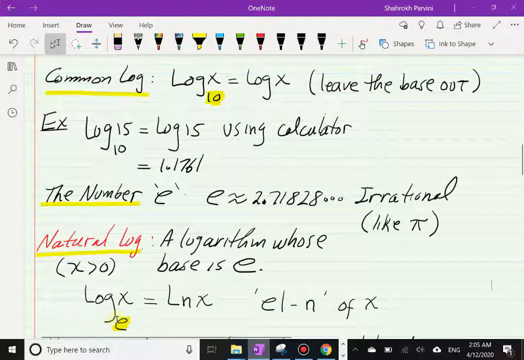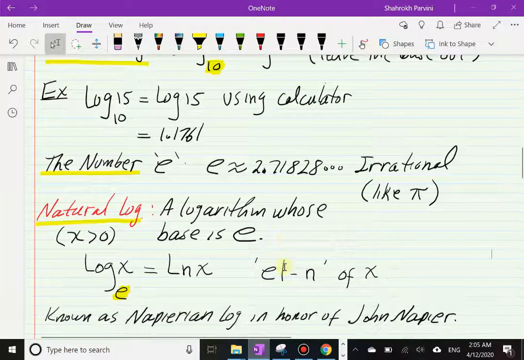So for log base e, they're going to actually use the ln notation. This is L, this is n. And in fact, we read this as ln of x. Like Ellen DeGeneres, this is ln, but ln of x.